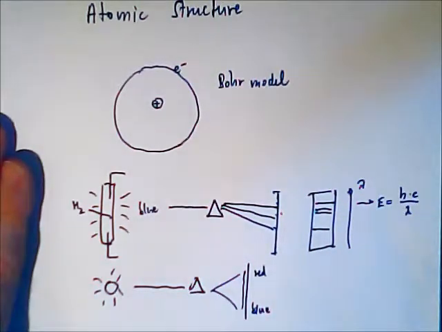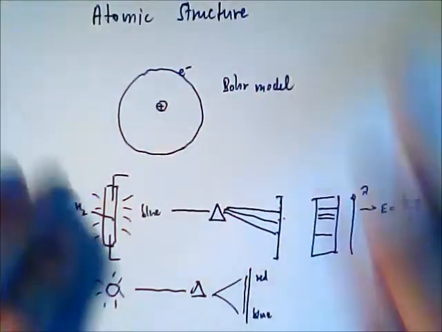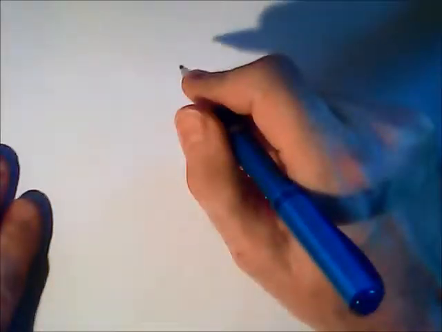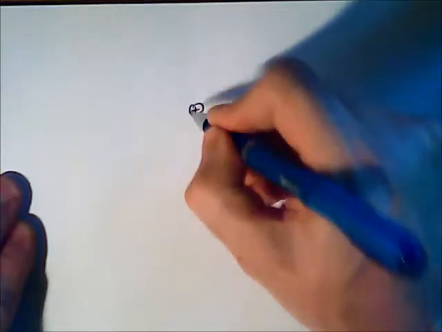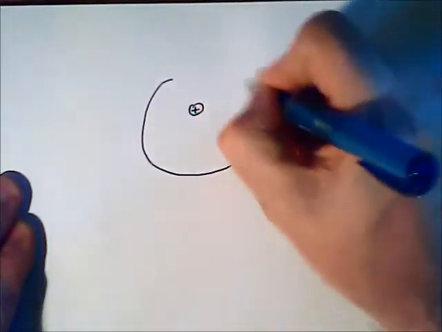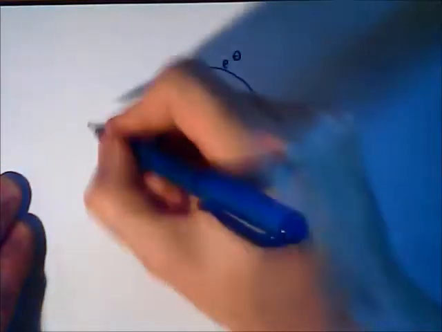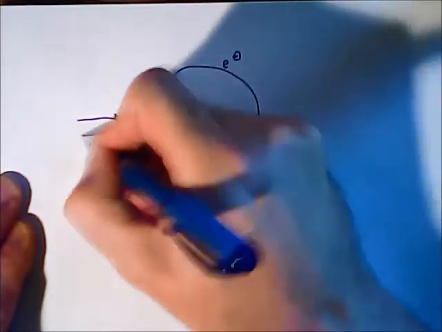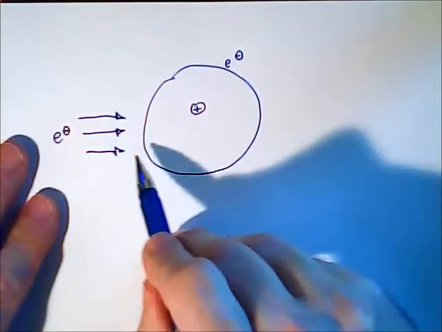So Mr. Bohr thought, oh wow, where do these certain energies come from? And he developed a model in which he said, okay, what happens when I bombard this hydrogen atom, one proton, one electron, with other electrons from an electric spark?